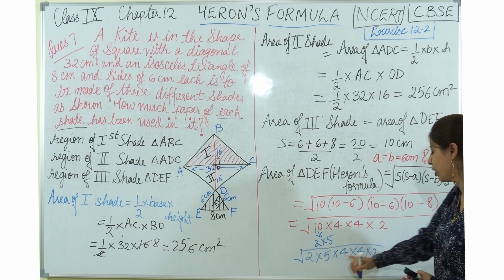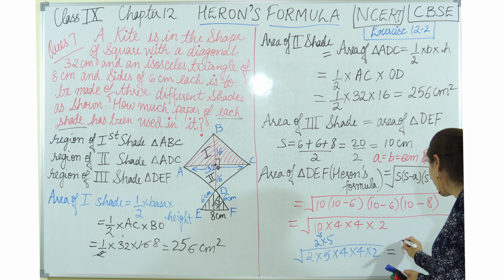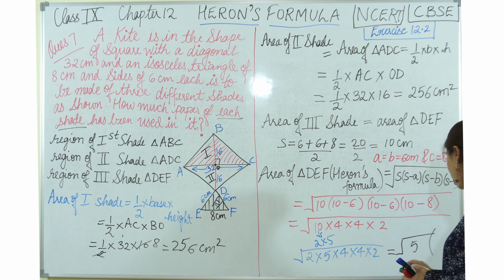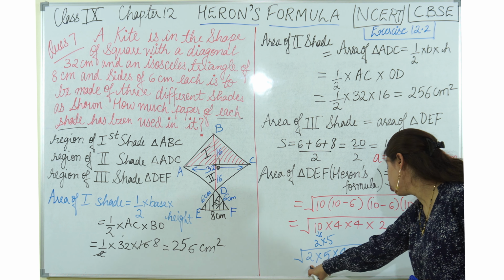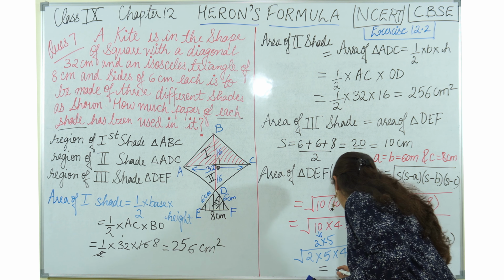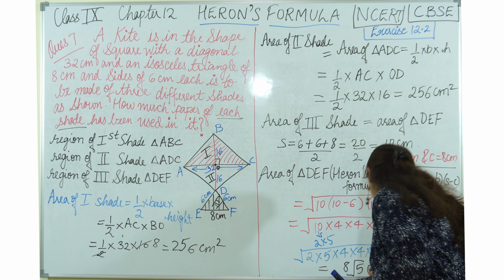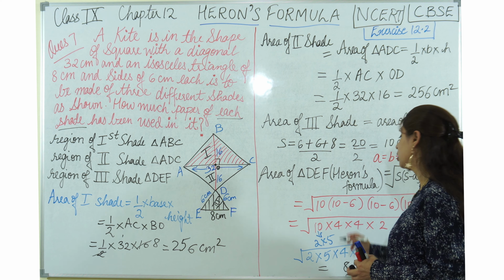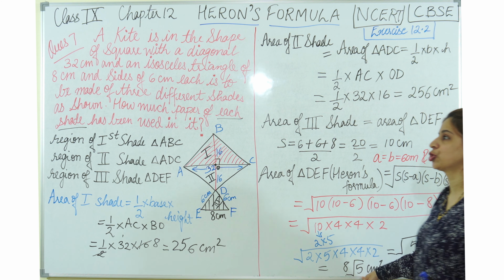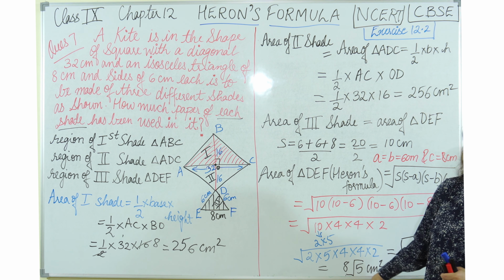One pair of 4 I am getting and one pair of 2 I am getting. So I need to find the square root. Ultimately 5 will remain under the root, and outside the root I'll be getting 2 and 4. So my answer comes out to be 8 under root 5 centimeter square. So for shade 3, the paper required for making the kite would be 8 under root 5 centimeter square.